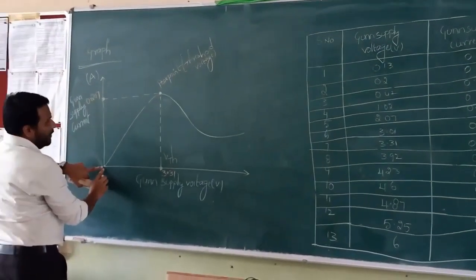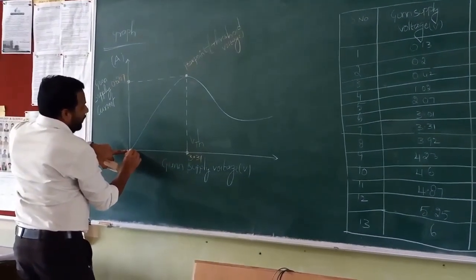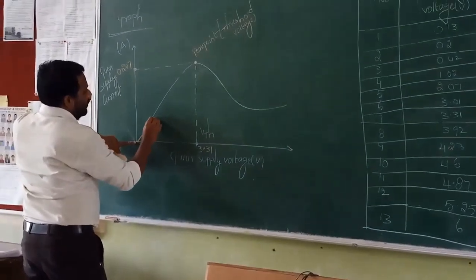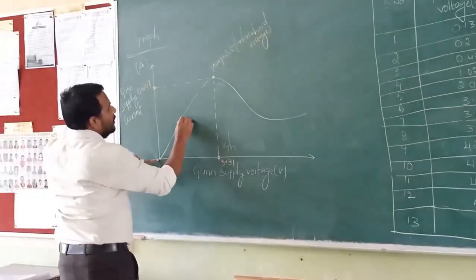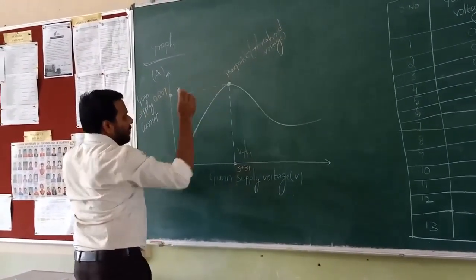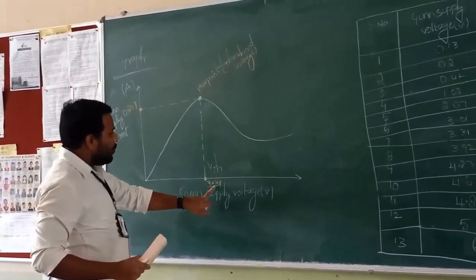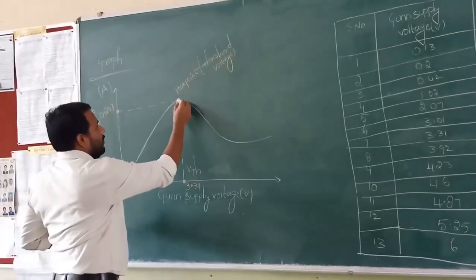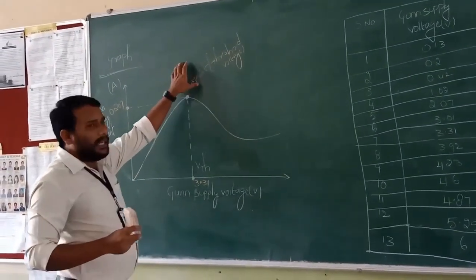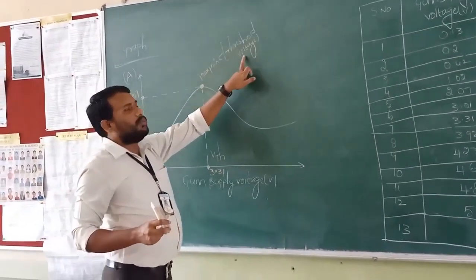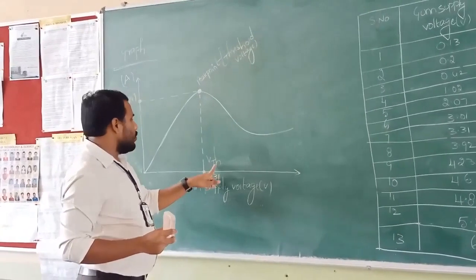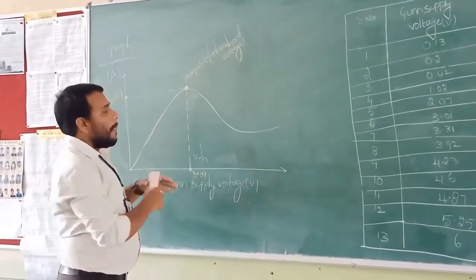By varying the knob, the current continuously increases up to a particular point, which is 3.31 volts. We call it the peak point or threshold voltage of the Gunn diode, that is V_TH.